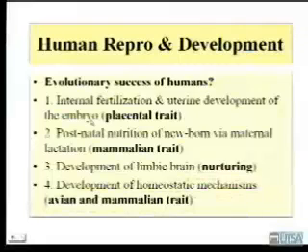So human reproduction and development really has a lot to do with the evolutionary success of humans, and in part that's related to the internal fertilization and the intrauterine development of the embryo. There is the placental trait. So are humans viviparous or oviparous?